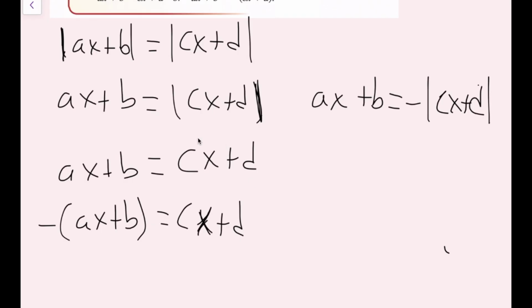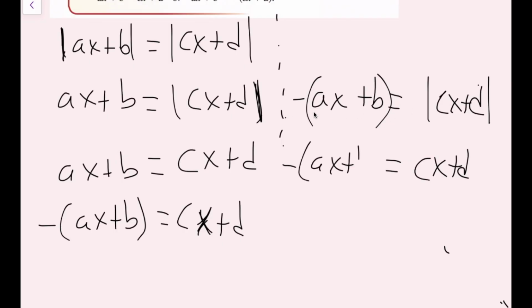Okay, and then over here, I would want to get rid of this negative sign, so I could divide both sides by negative 1, or basically just change this negative sign to over here. And then to unwrap this, I'd say cx plus d equals just the way it is, negative quantity ax plus b. And then over here, I get cx plus d equals the opposite of this, but the opposite of negative is positive. So this is ax plus b.